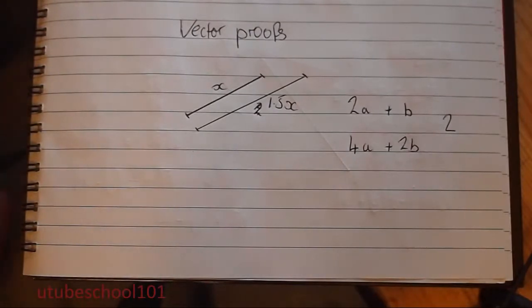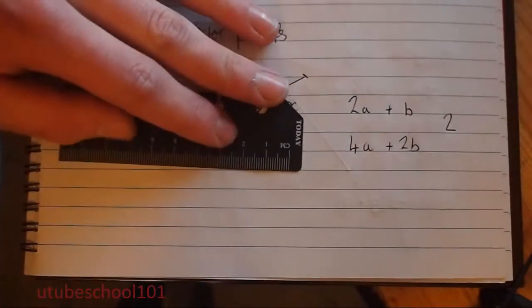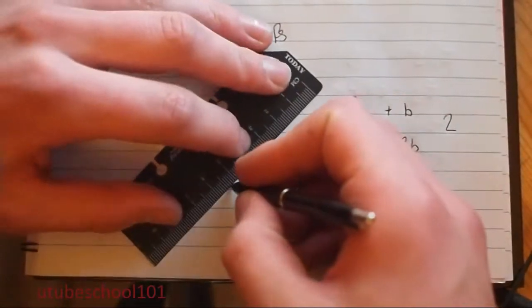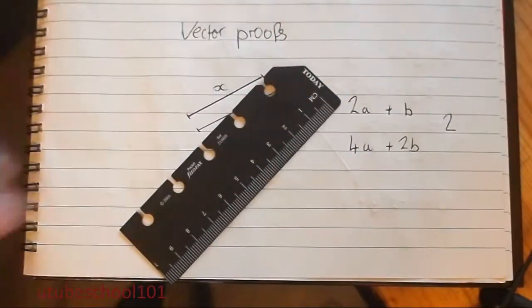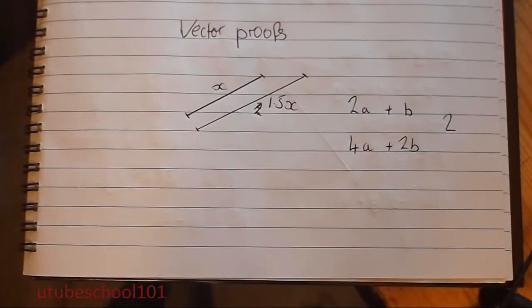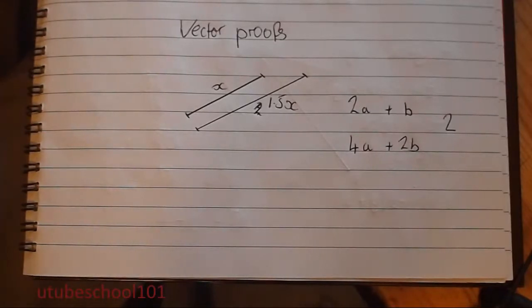And the reason they're parallel is because they are essentially the same vector, just a different length. So when you're asked to prove a vector is parallel to another, you have to prove that the two vectors are factors of each other.